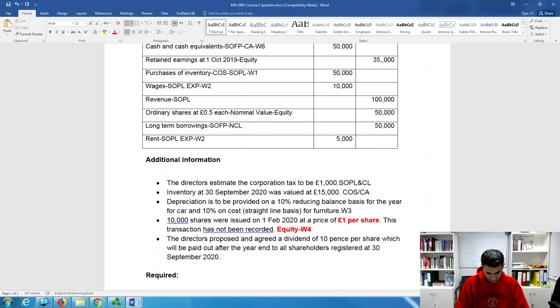So here we go. We say that equity, right? And it is in working 6, not working 5, and also should be under current liabilities.